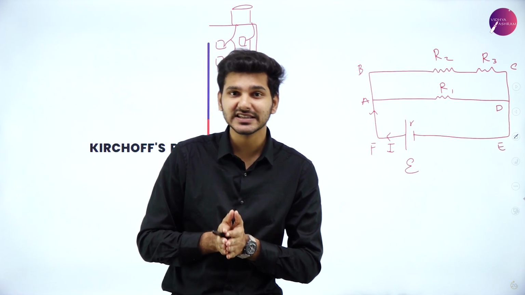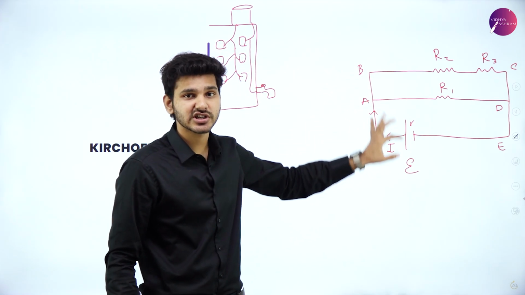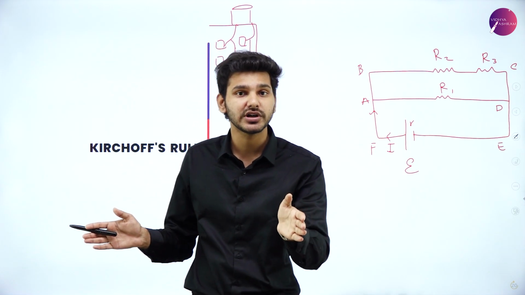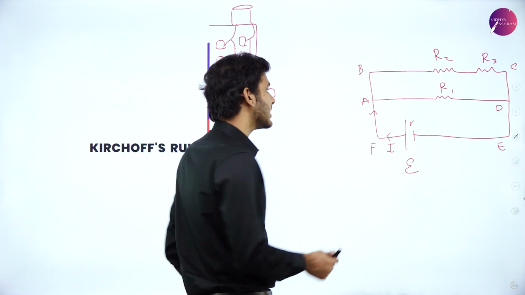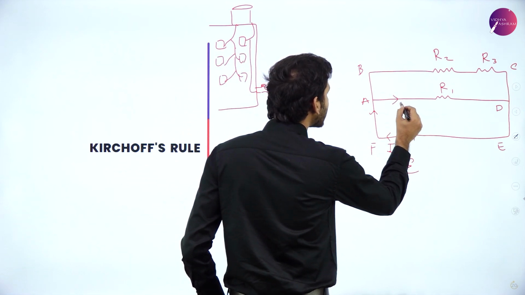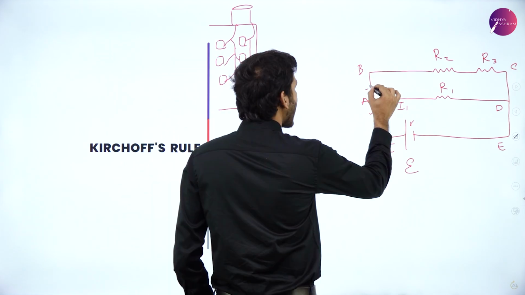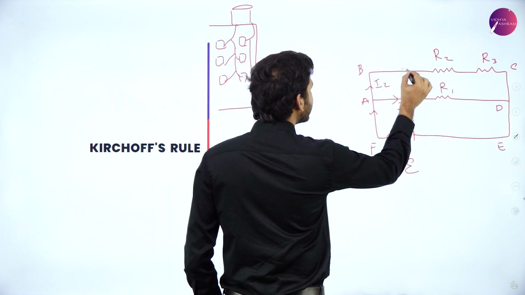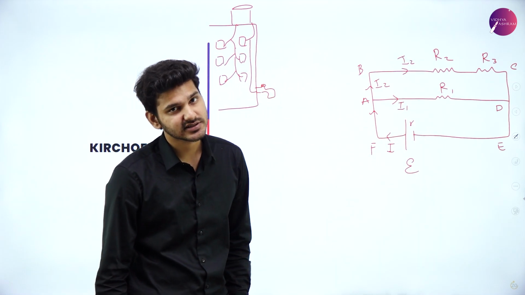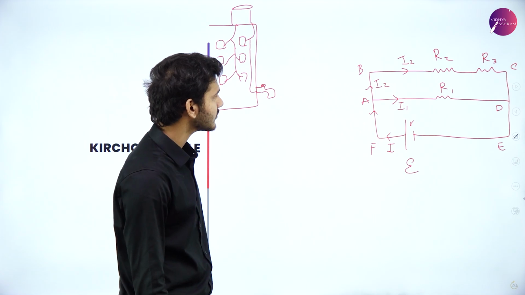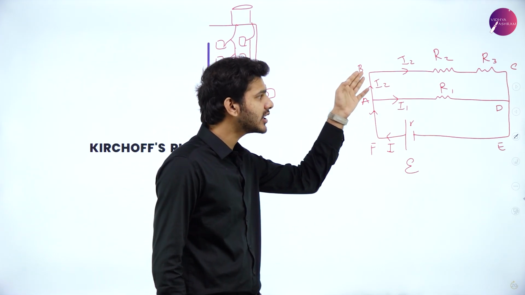So if I amount of current is reaching the junction and it is presented with two opportunities to go, then the current will split itself, and let's say I1 amount of current will go through R1 resistance, while I2 current will be flowing through the R2 and R3 resistors. So current reaching this particular junction will split into I1 and I2.